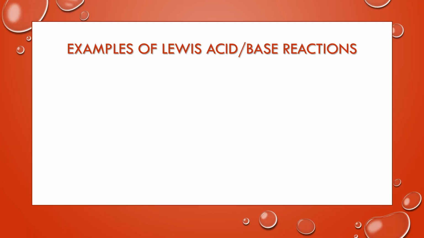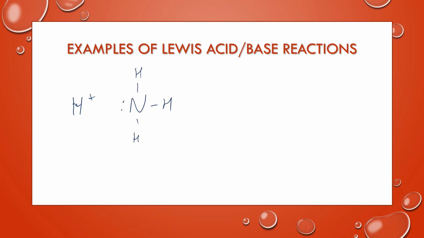So let's look at an example of this. Let's use a very typical acid-base reaction so you can see what's going on. Let's say I have a hydrogen ion, and then I have ammonia. Ammonia is a weak base.